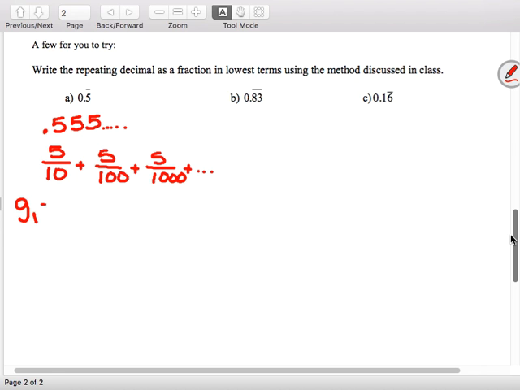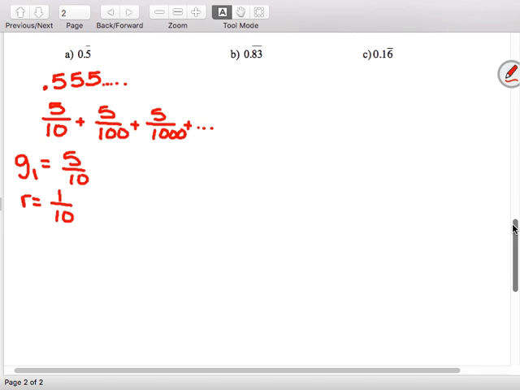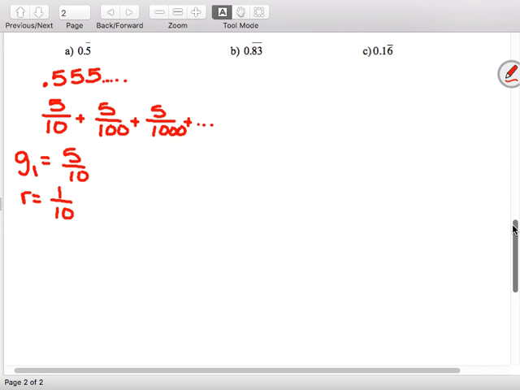So the first term is 5 over 10, and R, I'm multiplying by 1/10. So there's infinitely many sums. It's geometric. So this is 5 over 10 over 1 minus 1/10. So it's 5/10 over 9/10.